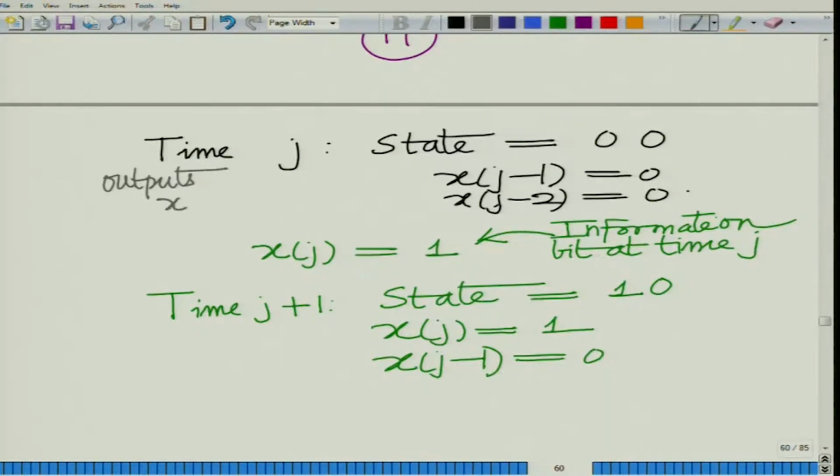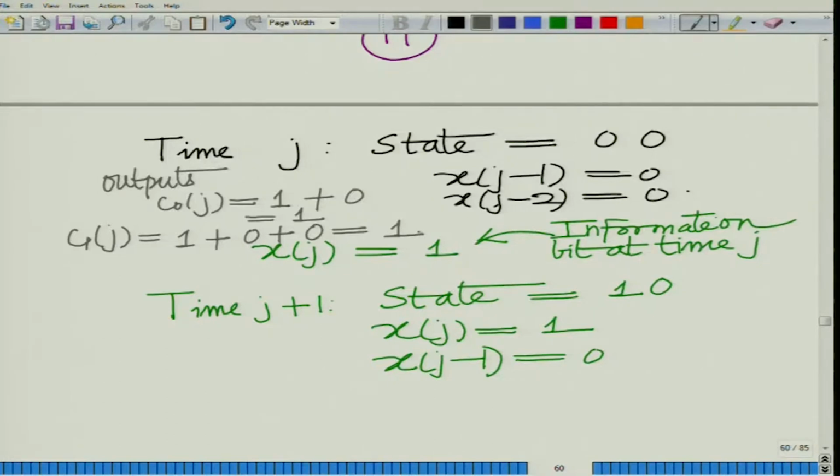C0 at j equals x_j, that is 1, plus x_{j-2}, that is 0, which is equal to 1. And C1 at j, code bit 1 at time instant j, is x_j plus x_{j-1}, which is 0, plus x_{j-2}, which is 0, which is equal to 1.